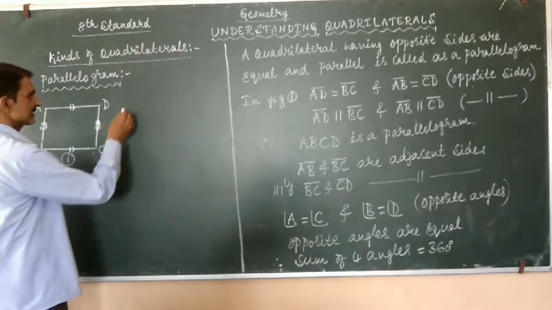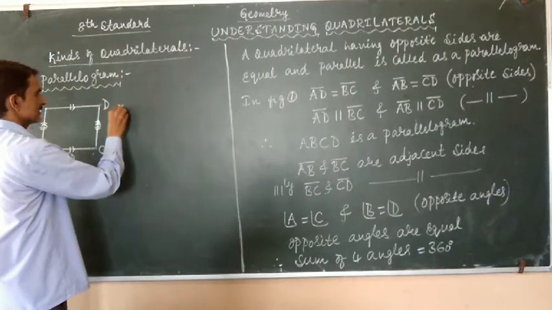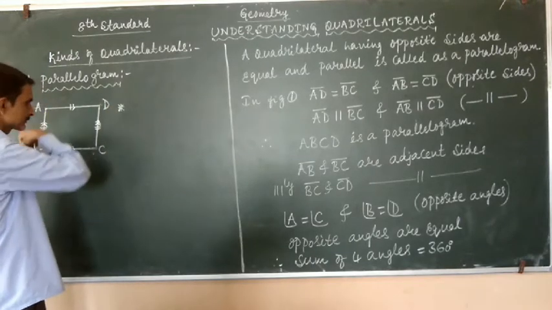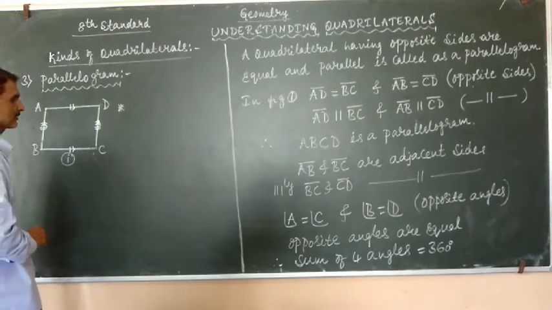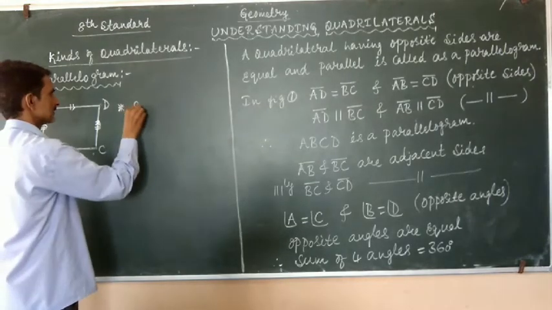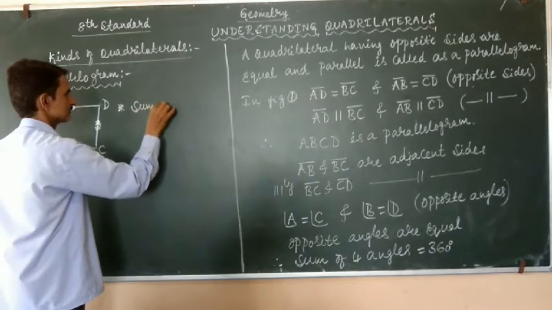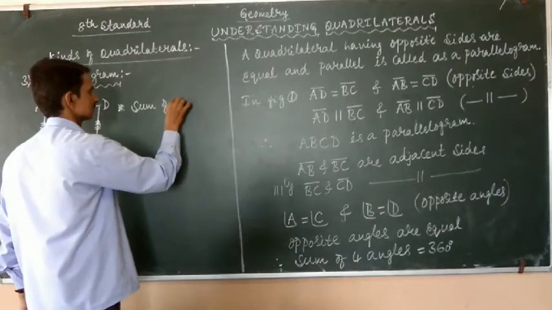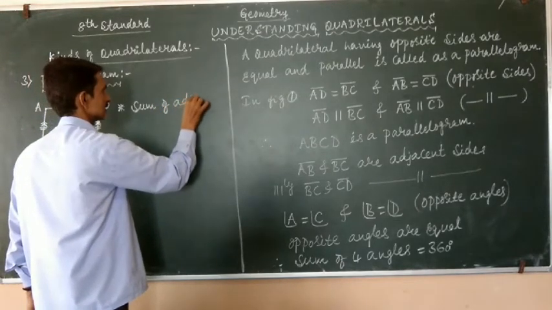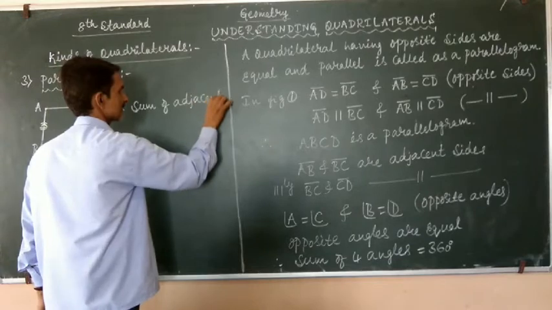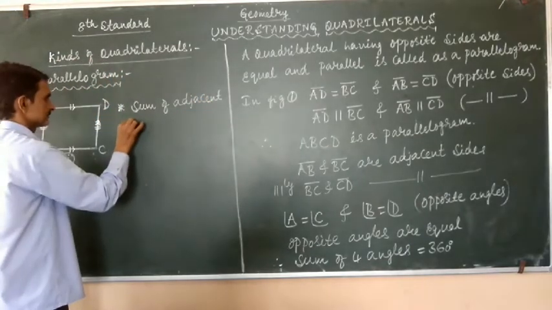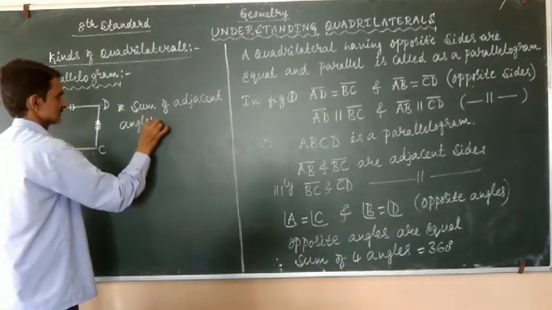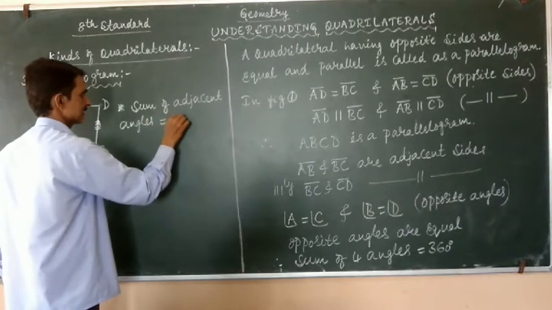So the next property of the parallelogram is the sum of adjacent angles equal to 180 degrees.